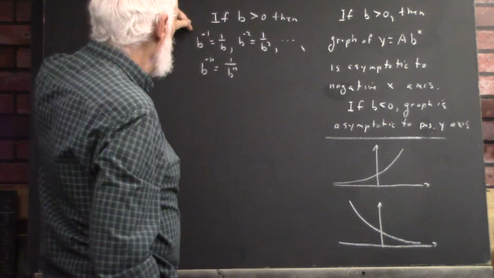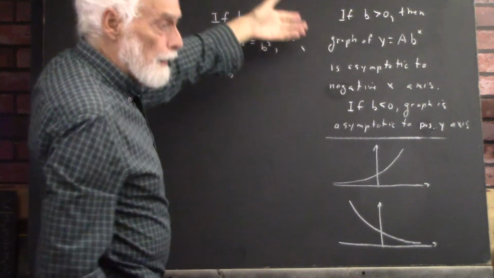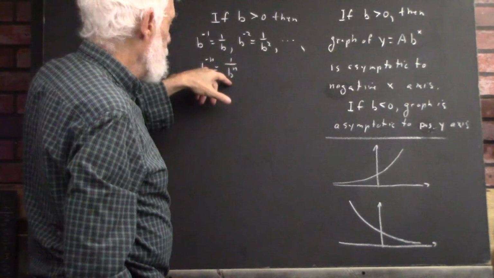B is greater than 0, b to the negative 1 is 1 over b, b to the negative 2 is 1 over b squared, b to the negative 3 would be 1 over b cubed, and so forth, and b to the negative n is 1 over b to the n.